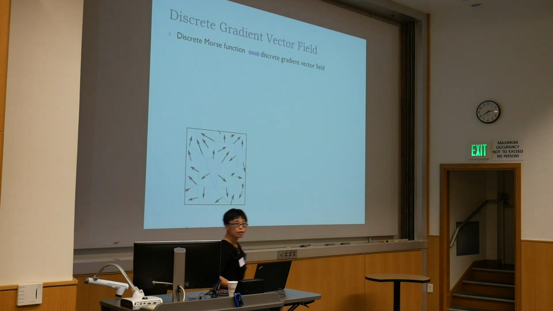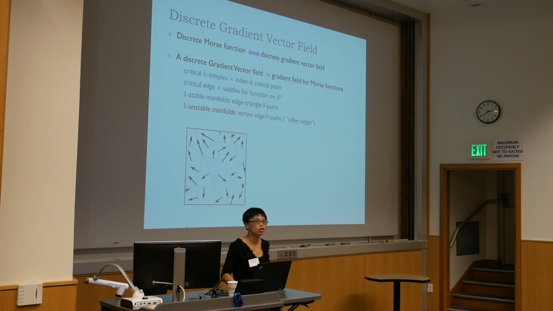Now, I didn't talk about what a discrete Morse function is, but in some sense, if you have a discrete gradient vector field, then there exists a discrete Morse function, which I didn't introduce, that corresponds to it. So it's not important here, and there are interesting relations between them.